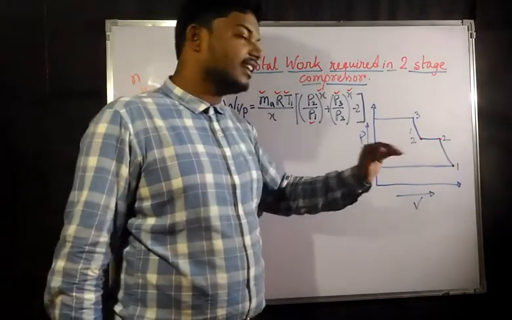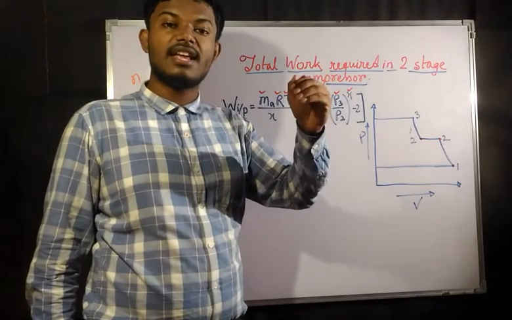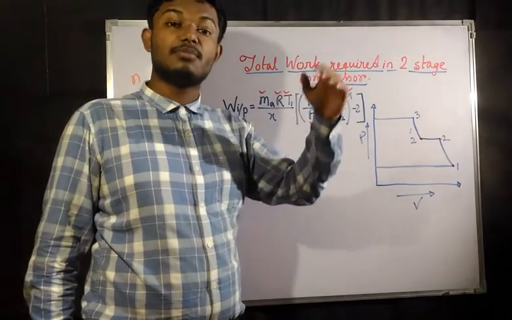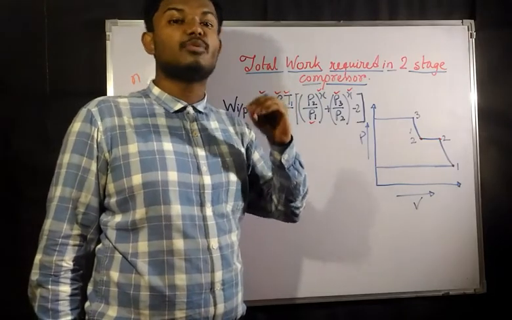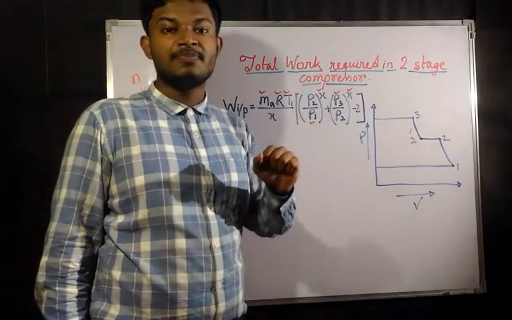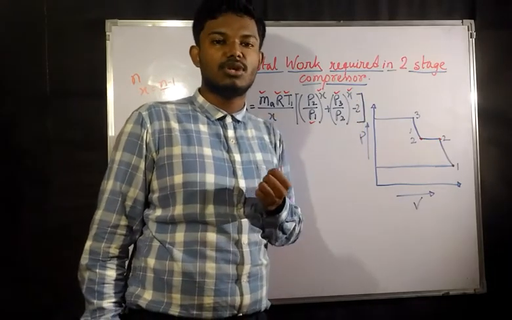If we find out up to what pressure we need to compress with the first compressor, and for the second compressor what the initial conditions should be, or from what point the second compression should start, then we can easily find the minimum work input conditions.